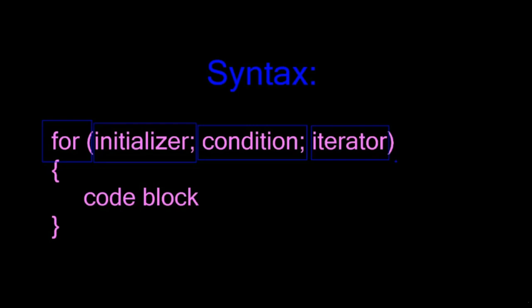It's up to you and the situation that you have. So that is the iterator. It increments the variable which we initialize, and by which we go inside the loop or we exit from it.